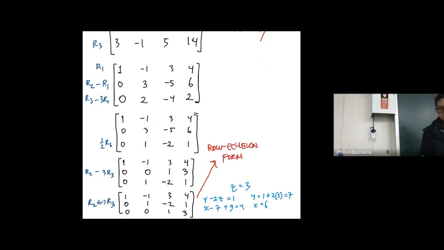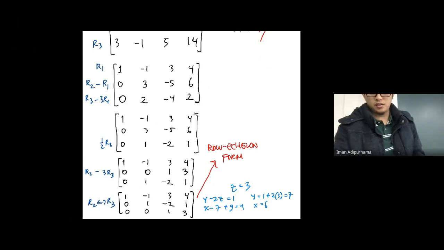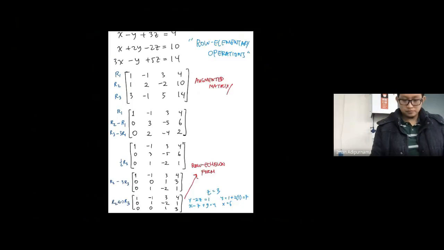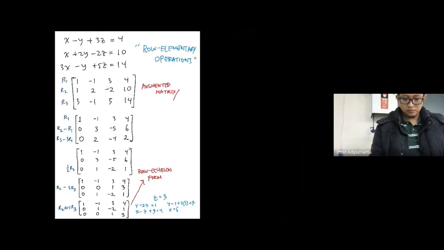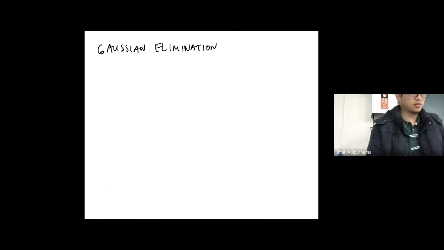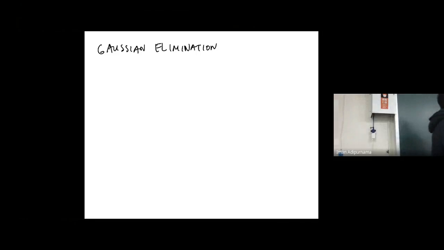Let me give you the summary. What we did is called Gaussian elimination.